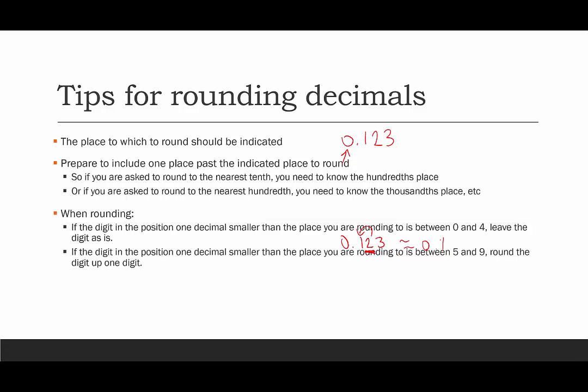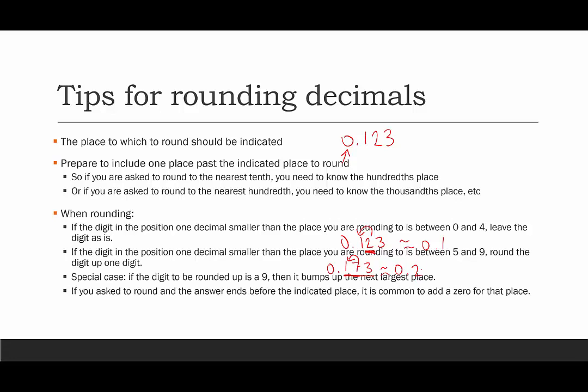If the digit in the position 1 smaller than the place we are rounding to is between 5 and 9, then we bump that digit up 1. So if we have 0.173, the 7 tells the 1 to bump up, meaning that this value is closer to 2/10 than it is to 1/10.